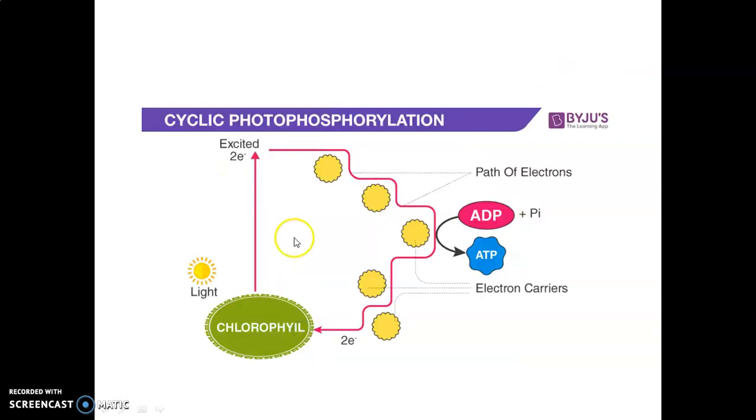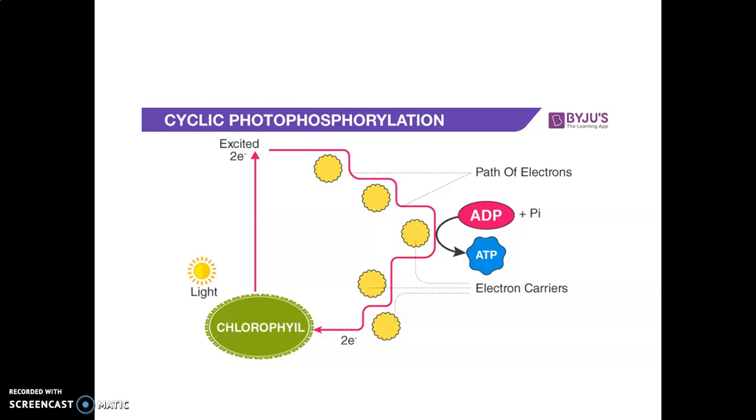Okay, now let's discuss the cyclic and non-cyclic photophosphorylation. In cyclic, what is happening? Living organisms have the capability of extracting energy from oxidizable substances and storing this in the form of bond energy. Special substances like ATP carry this energy in their chemical bonds.